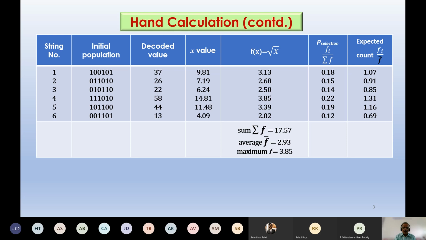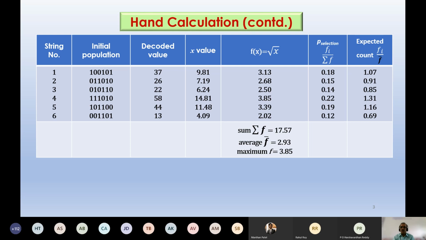Now, I'm going to define one term that is called the expected count. Now, this expected count is nothing but Fi divided by F bar. F bar is nothing but the average fitness. Okay. Now, by this expected count, we mean how many times the first string is going to be copied in the mating pool probabilistically.